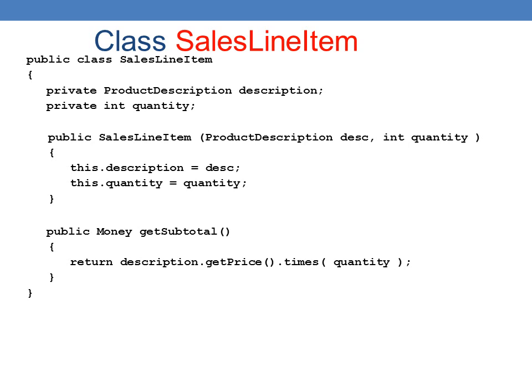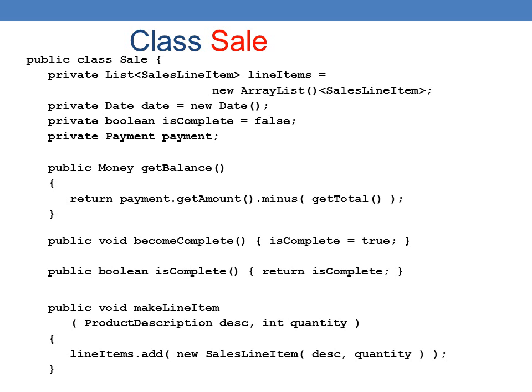The sales line item has a description and an integer quantity. So the constructor is initialized. When you pass the arguments, the parameters will be initialized. After initializing, we get the money, the particular get subtotal. It produces the overall total amount of the current sale.